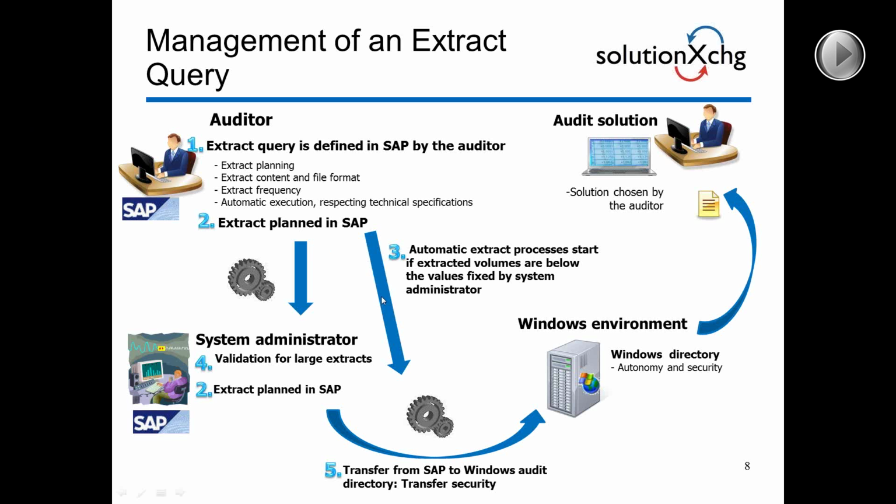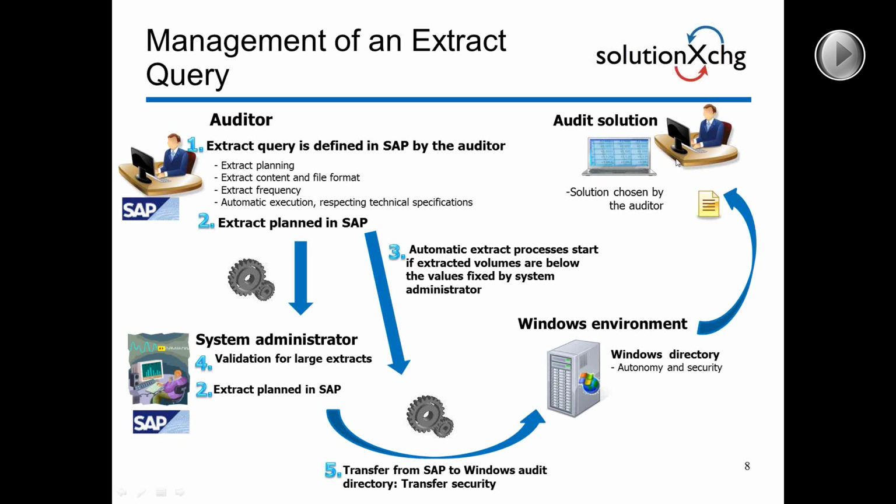Now, if that auditor's extract meets all the validation requirements that the system administrator set up, the extract automatically gets created and transferred to a Windows file system. If it doesn't, then the system administrator can go in and adjust job parameters and decide when this job is going to run and where it's being stored.